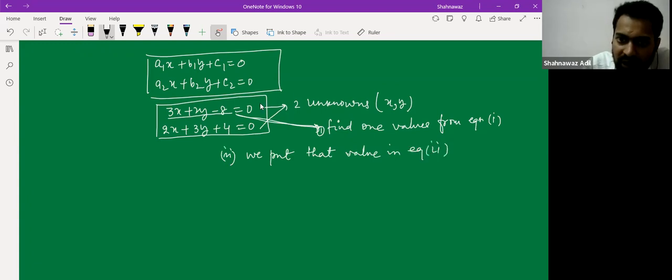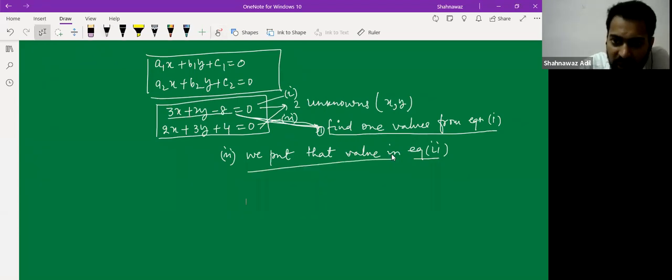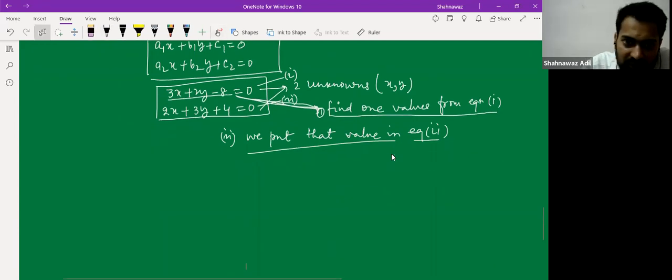So this is equation 1, this is equation 2, right? Firstly, we find one value from the first equation, and in the second, we put that value. Let me make it more clear.